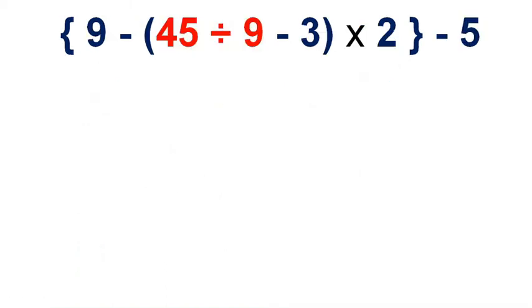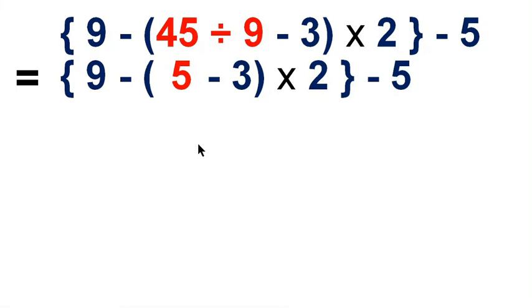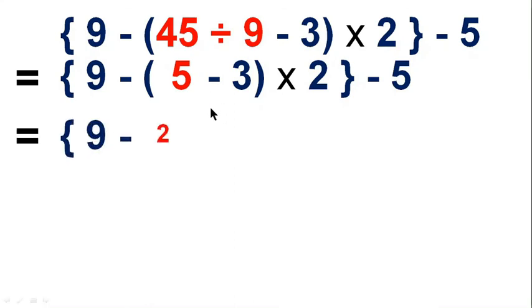The next simplification, in the first bracket there are two operations, minus and division, but we should divide at first. If we divide, we can get here 5 9s are 45, and minus 3 or all these will be written here same. And in this stage we will subtract here. If we subtract, we can get 2, and all these will be written here.